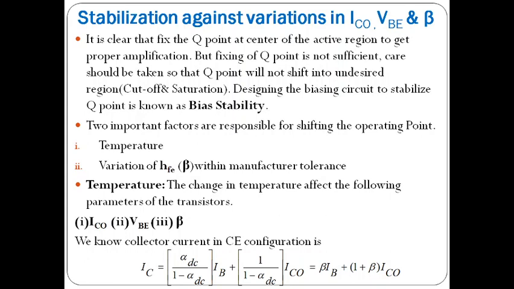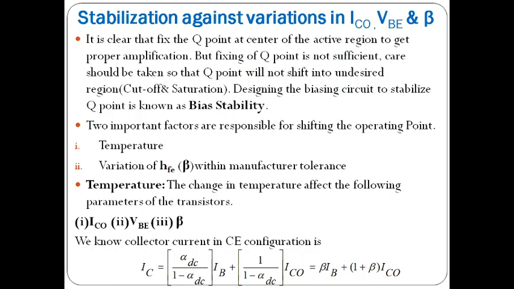To get the proper amplification without distortion, we need to keep the operating point VCE, IC at middle of the active region. That means that collector current and voltage between collector to emitter must be constant. It should not vary with any other parameter.